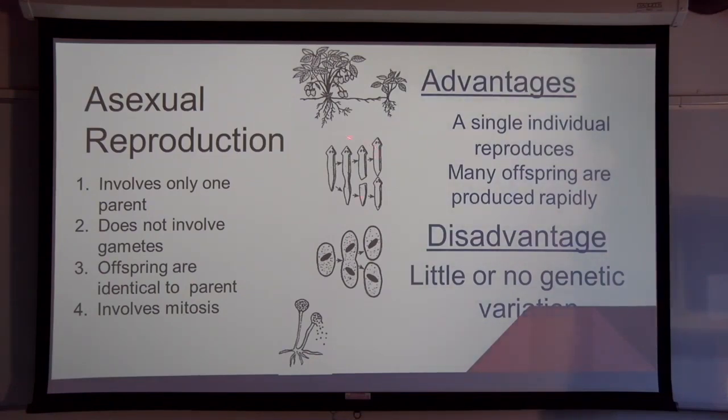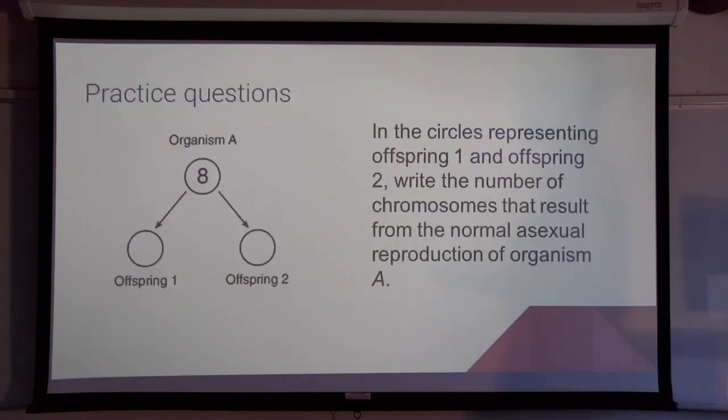Examples of this, we have regeneration, binary fission, sporulation. Runner is another example of asexual reproduction. But the main thing I want you to walk away with is that in asexual reproduction, there is little to no variation, rapid reproduction takes place here, and the cells are identical to their parent.